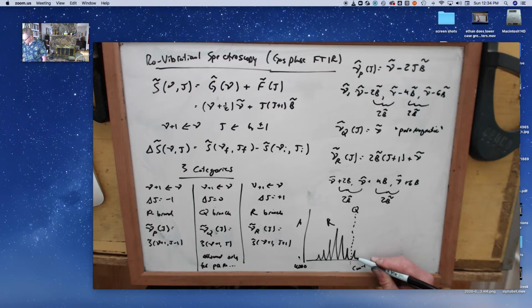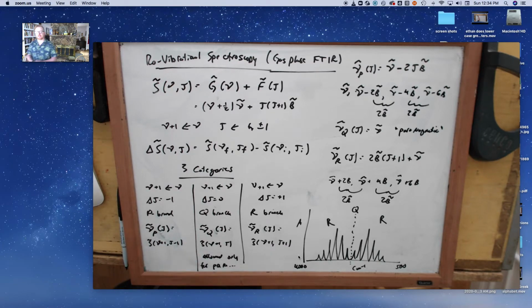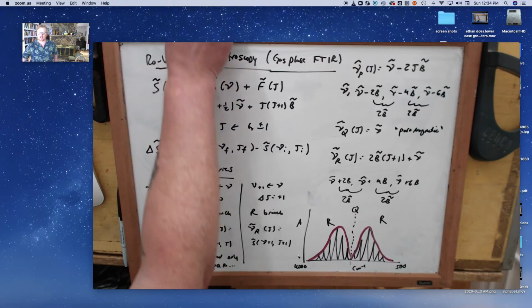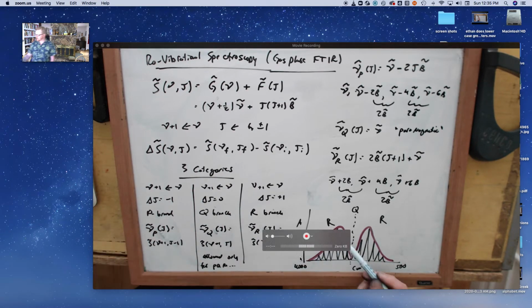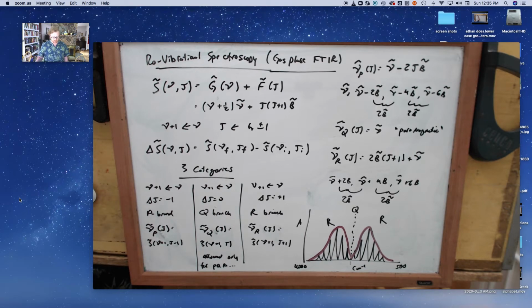So that would look like the following. Okay. And you might have noticed, perhaps, that these will each take on a Maxwell-Boltzmann distribution, but they will be mirror images of each other. So we can still calculate the same J max based on the temperatures, just like we did with rotational spectroscopy.